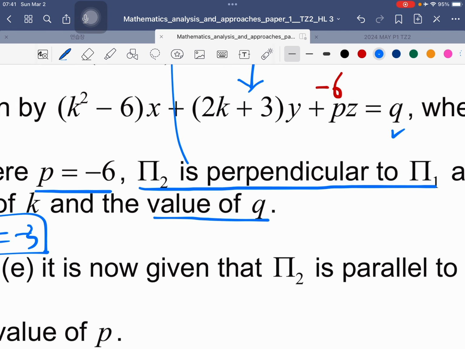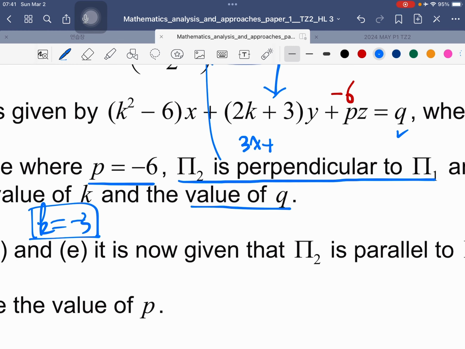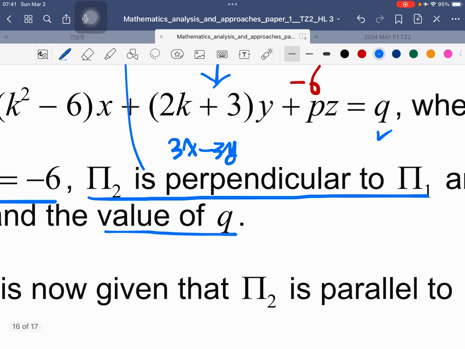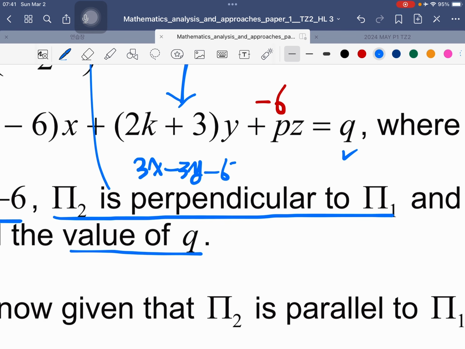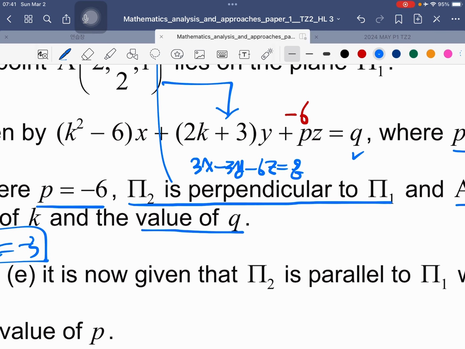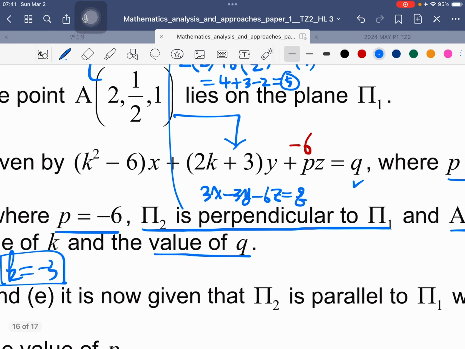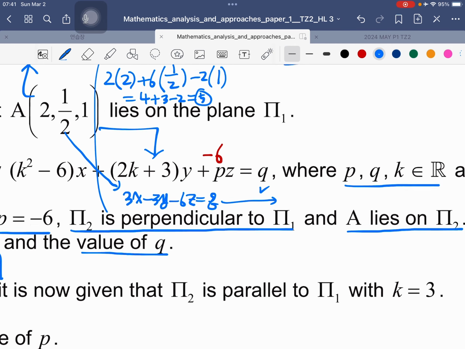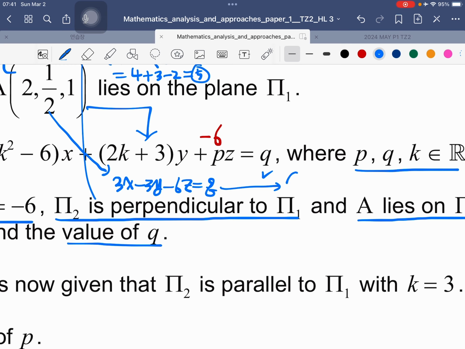This equation now becomes negative 3 squared, 9 minus 6 is 3x, plus 2 times negative 3 is negative 6, plus 3 is negative 3, so negative 3y. p is already negative 6, z equals q. Plugging in this coordinate, we get the q value, which is 3 times 2 is 6, negative 3 times half is negative 3 over 2, minus 6 times 1 is negative 6.